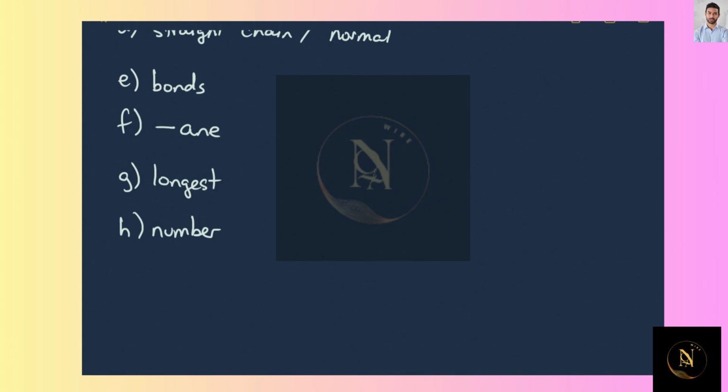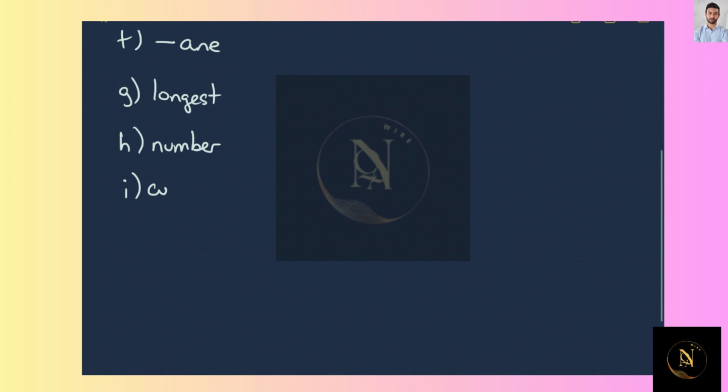For I, the major use of alkanes has been in combustion, as a source of heat and light.